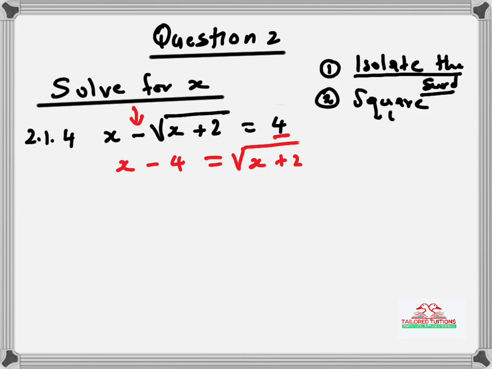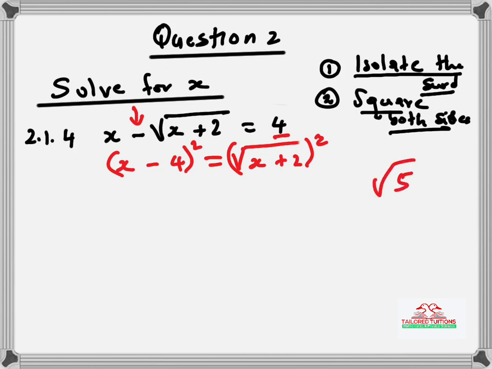square both sides. And this thing of squaring both sides, good people, remember we are doing it because we are working with an equation. But if you just find something like this as an expression, you can't just square, because that will change the expression. But we are squaring both sides because we have an equation.